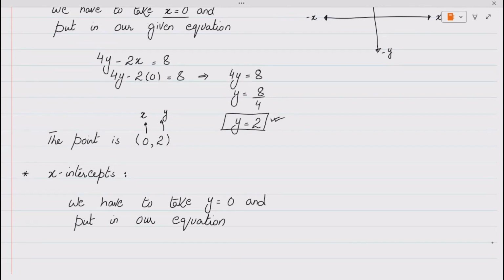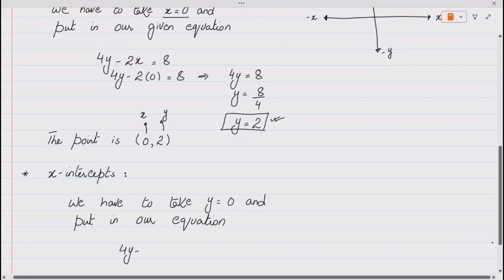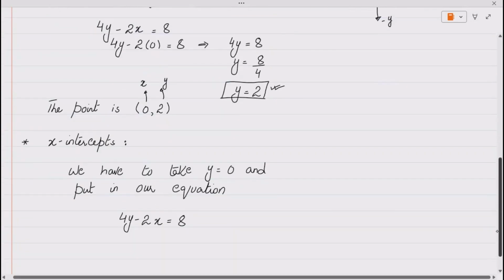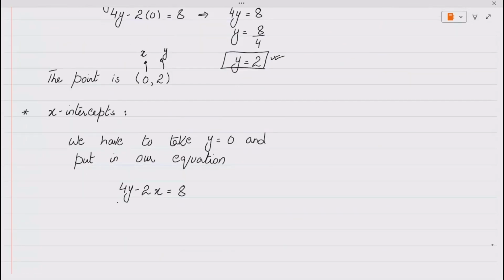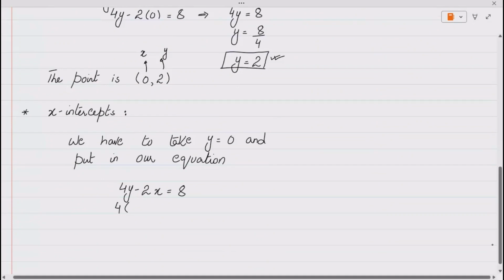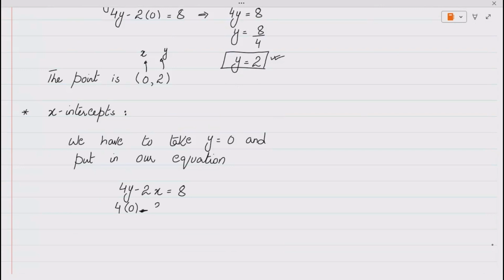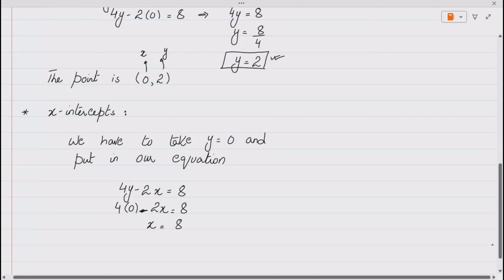So our equation is 4y minus 2x equals 8. When we put y equals 0, we get minus 2x equals 8, which gives x equals 8 over minus 2, and the value of x becomes minus 4.